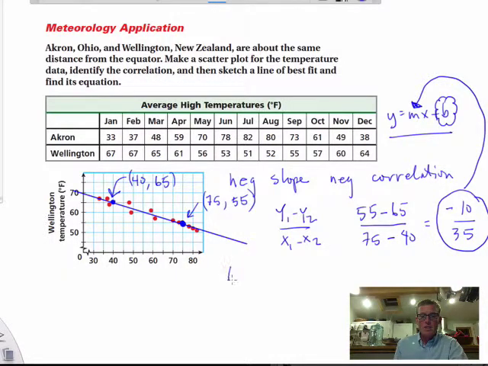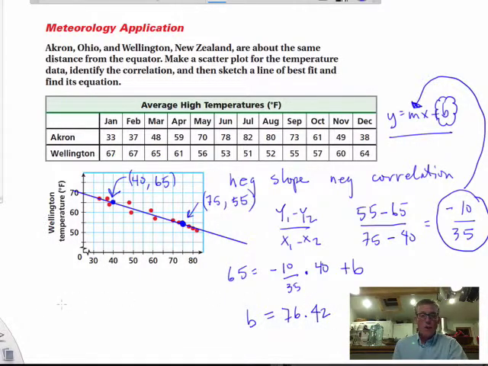So I'm going to say 65 equals negative 10 over 35 times, and then my x value is 40, plus b. And then I'm going to do a little bit of shuffling around, and ultimately I'm going to figure out that b equals 76.42.